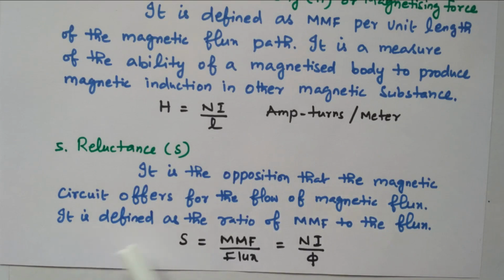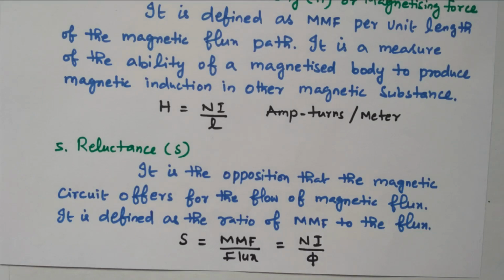It is the ratio of mmf to the flux, Ni divided by phi, mmf divided by flux. So the symbol is S, and the formula is Ni divided by phi. It will oppose the flow of magnetic flux.